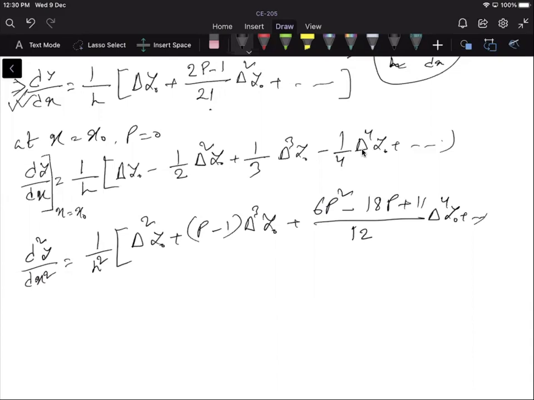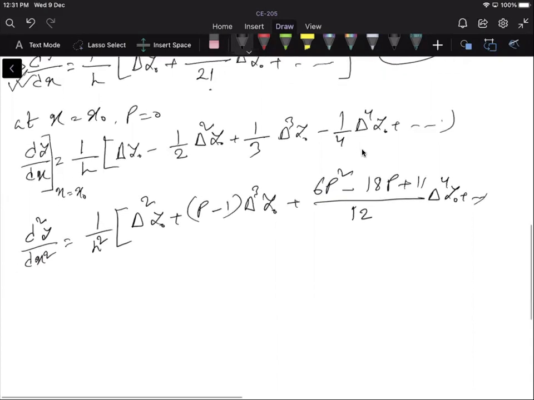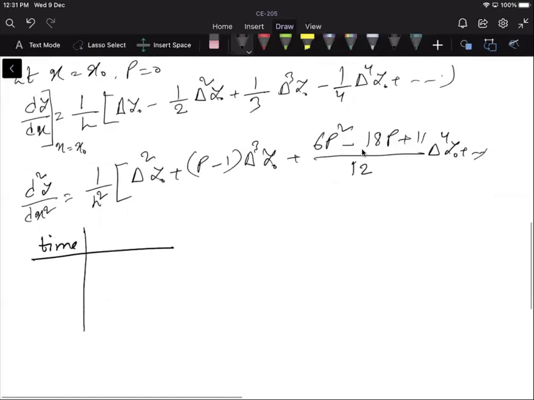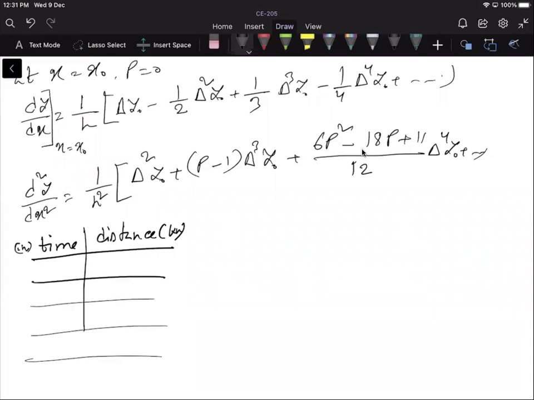So if you have a set of data, time versus distance. Distance suppose in kilometers, and time maybe minute or second or hour, anything. So time versus distance, you record 5, 6 or 7 sets of data.